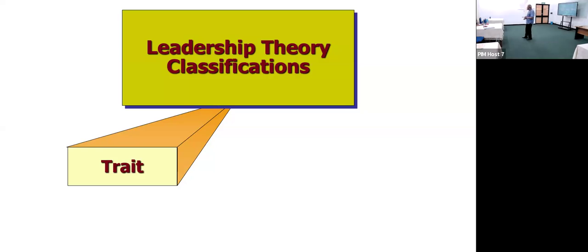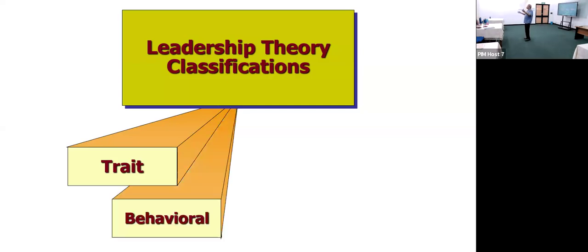Babies are born, leaders are made. So it's 1% nature and 99% nurture. There's some genetic element, but more influences through the exposure, through the environment, through the education. So the good news is that leaders can be developed. That's good news for all of us.